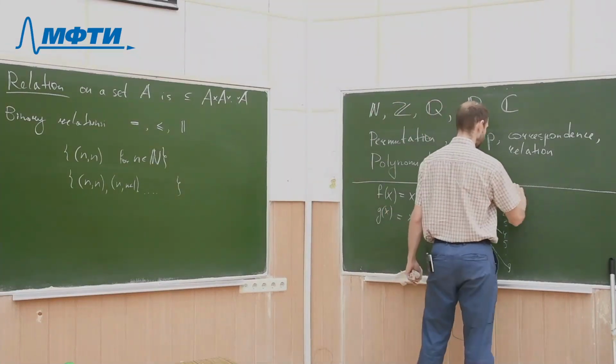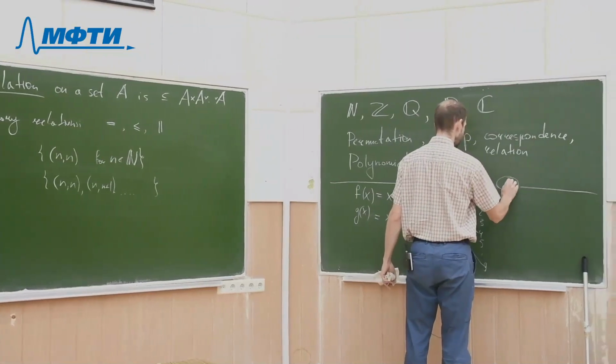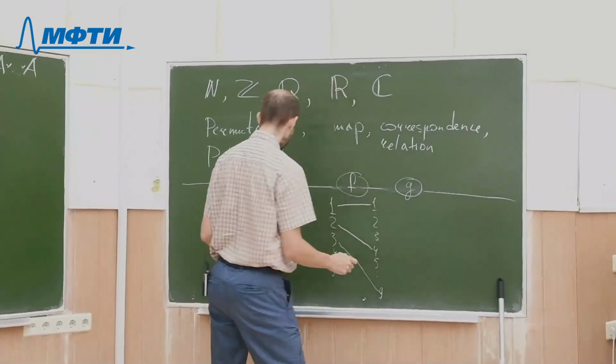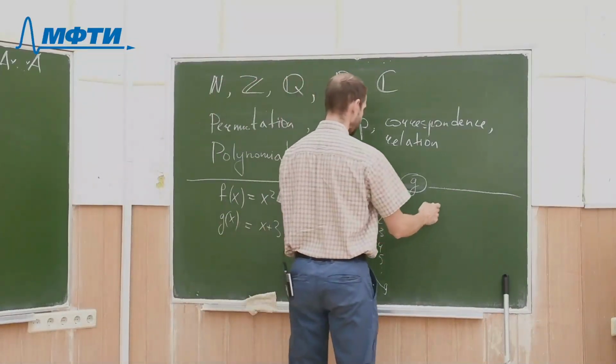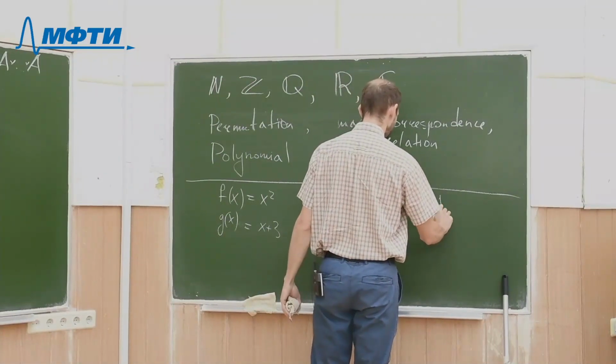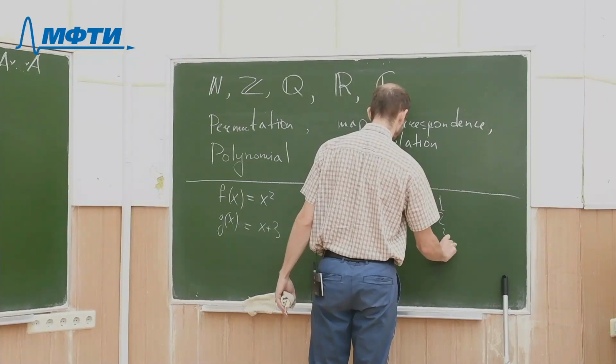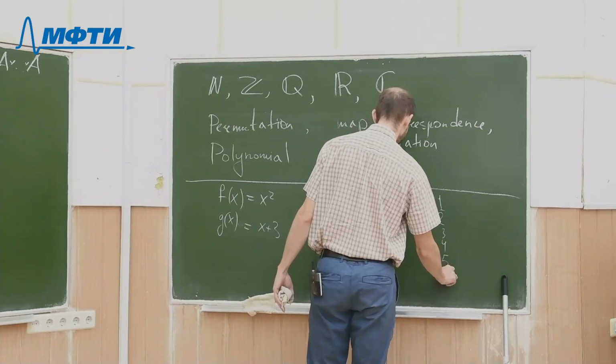And now here we have g, which is also a mapping from integers to integers. So we can visualize g within this layer. I would again draw the third copy of the natural series.